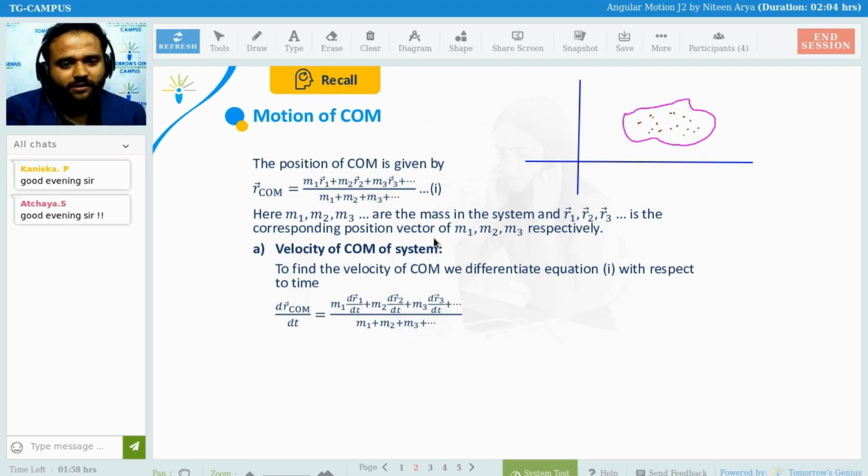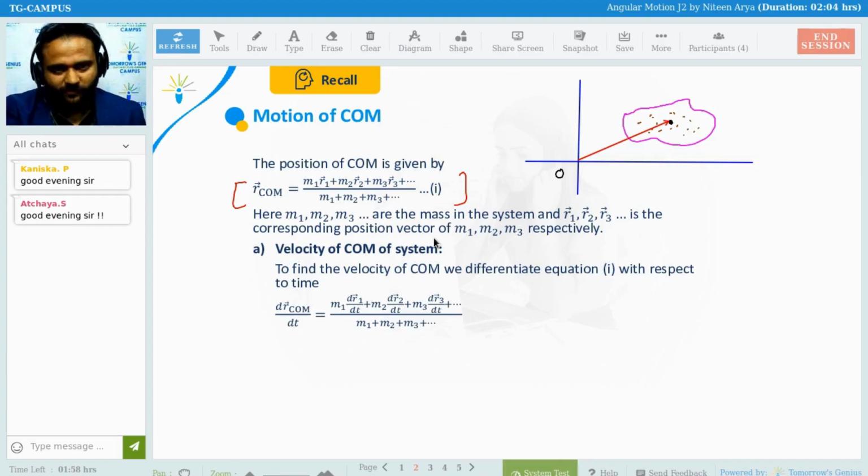So first we need to find the center of mass. This is the position of center of mass, from the origin from where we are going to find everything. This is your origin, and this is, suppose, the point of center of mass.